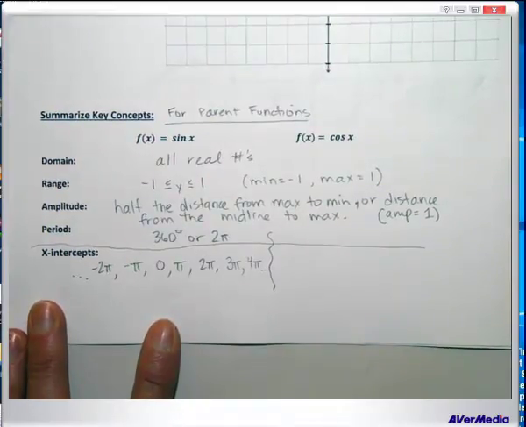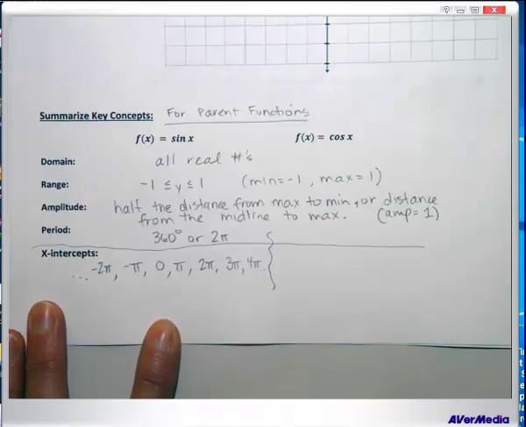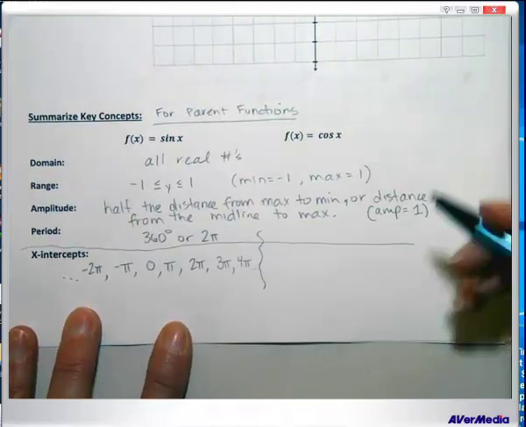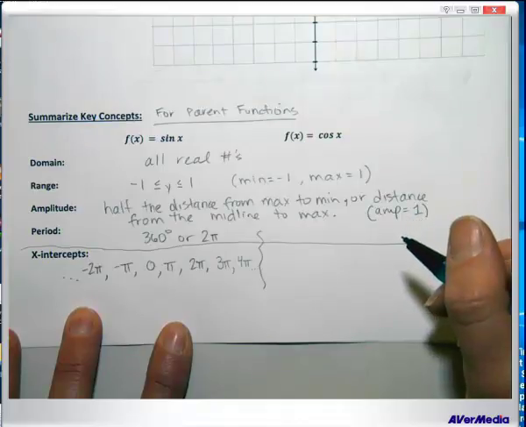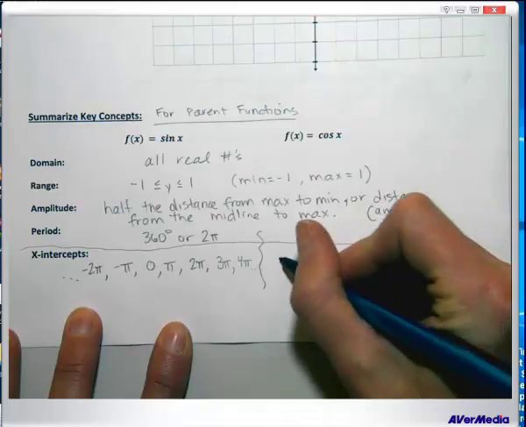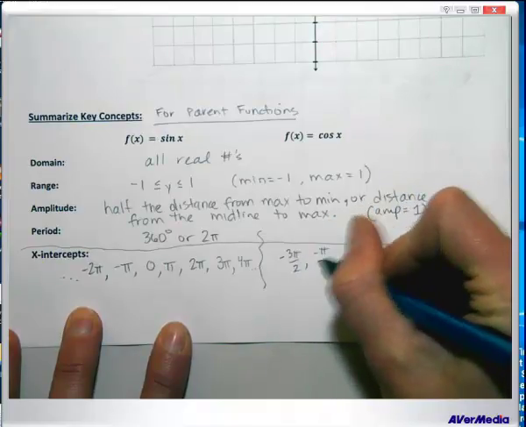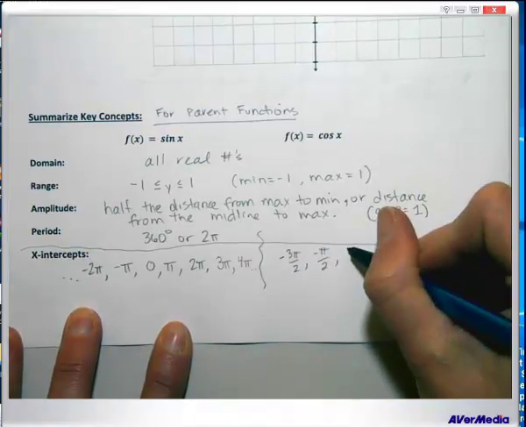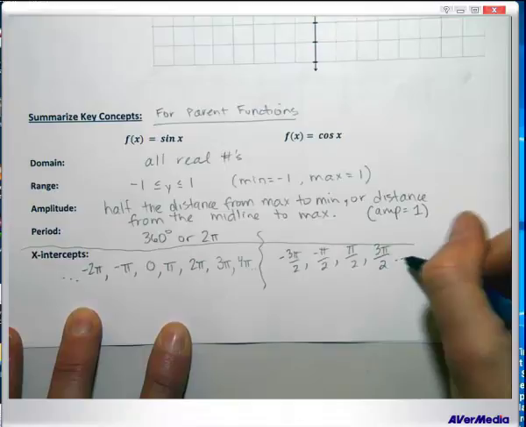The x-intercepts for the cosine function, Cole, do you have your paper out? Oh, you do. Look at the previous page and tell me what your x-intercepts were for the cosine function. Okay, good. And that continues.